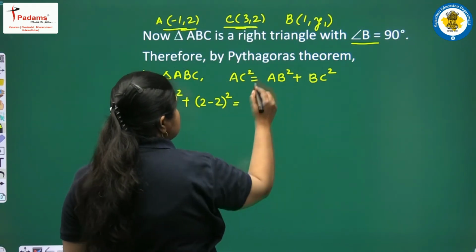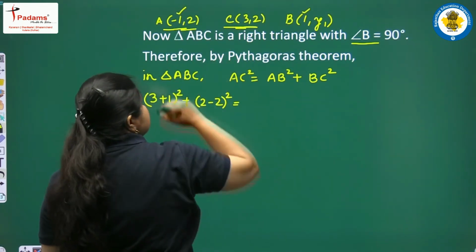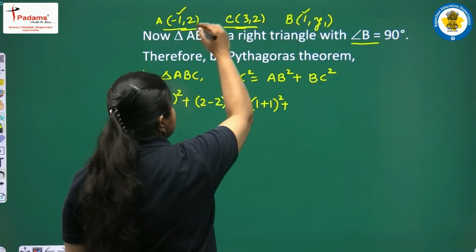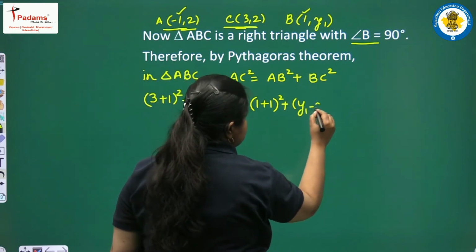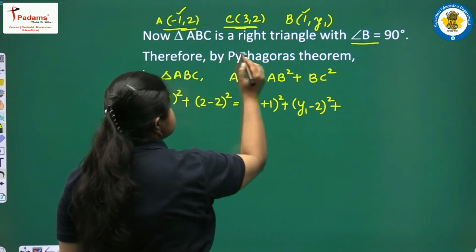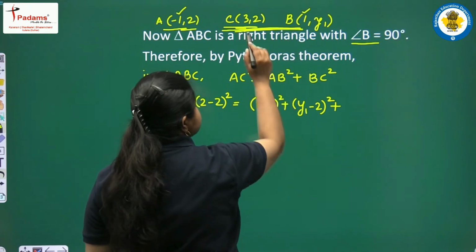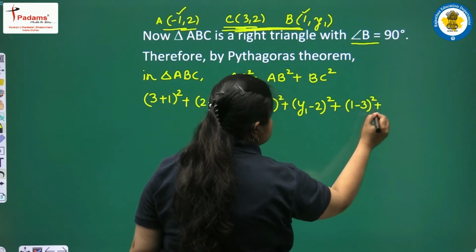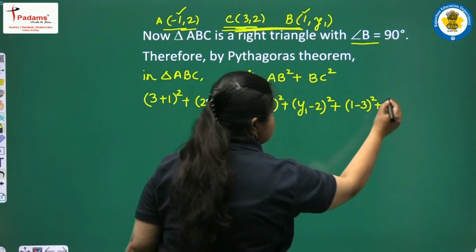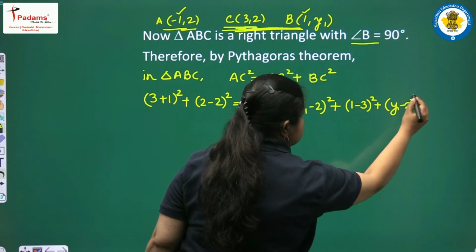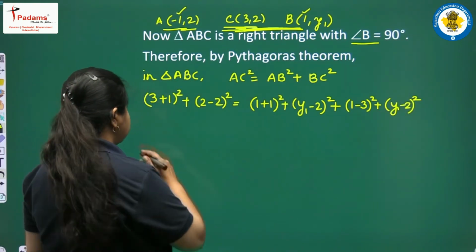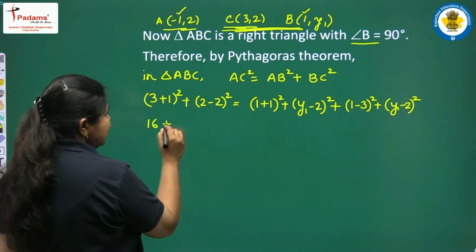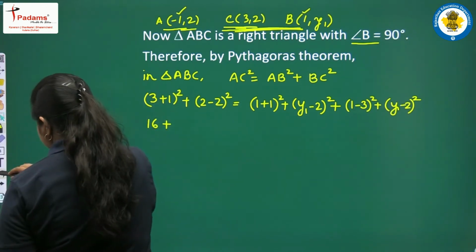So from here you see 1 minus of minus 1, it will become 1 plus 1 whole square, and then y1 minus 2 whole square plus for BC we will take these two points, 1 minus 3 whole square plus y1 minus 2 whole square. Okay, simplify. 3 plus 1, it's 4. 4 square is 16. Here we will have 0, so no need to write 0.